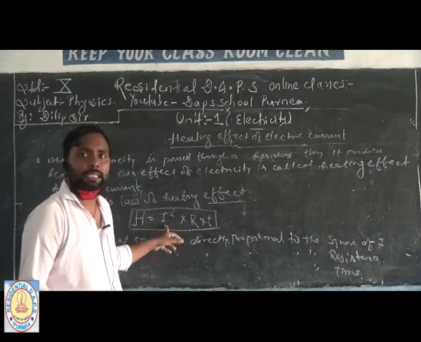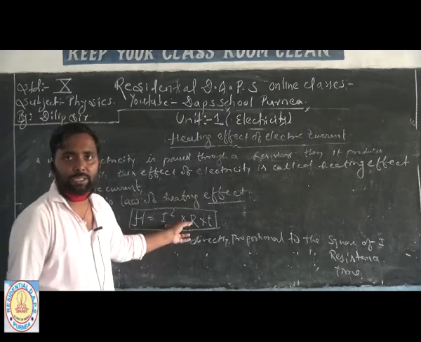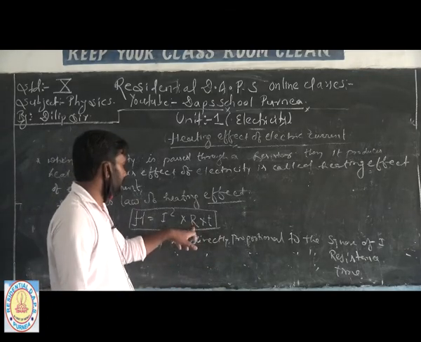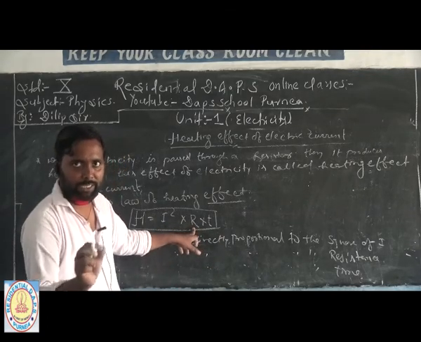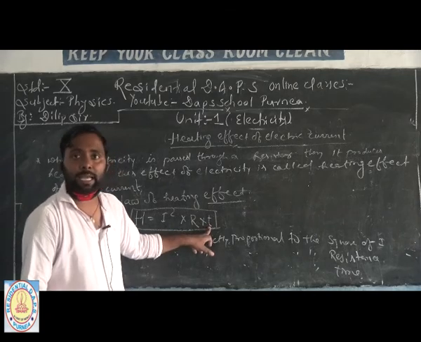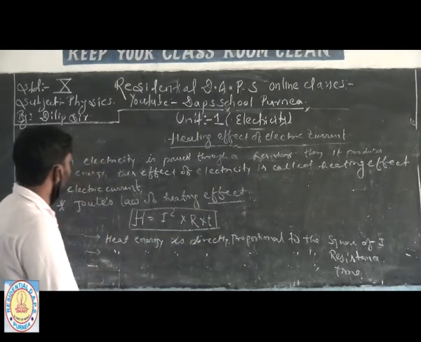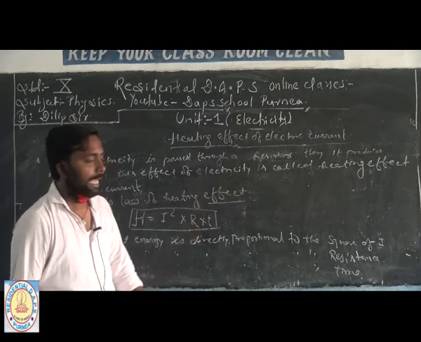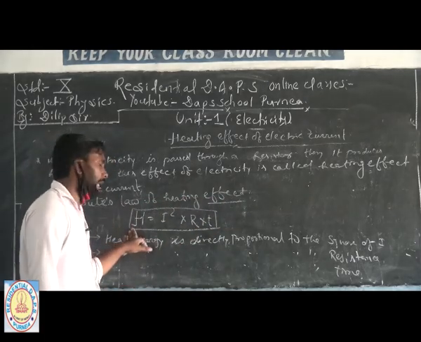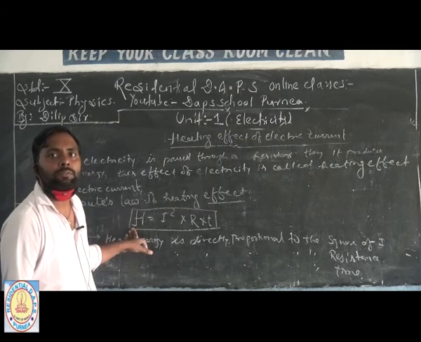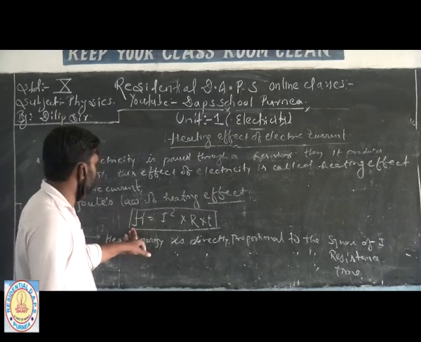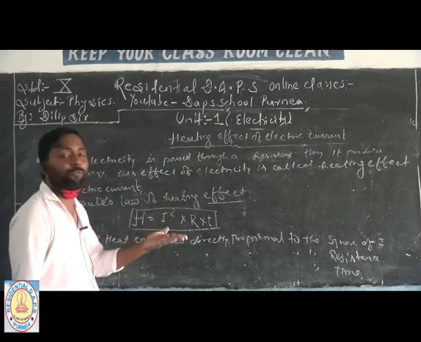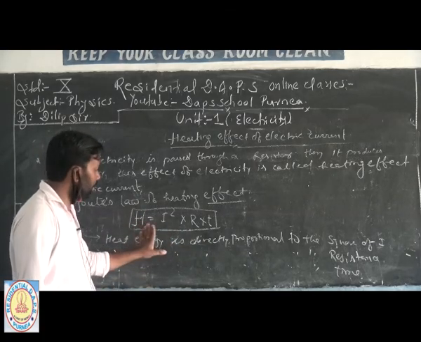Number one, what amount of electric current is passed through that appliance. Number two, the resistance of that material, and number three, the time for which electric current is passed. So this expression is called Joule's law of heating effect, and it will also help in solving questions and numericals.